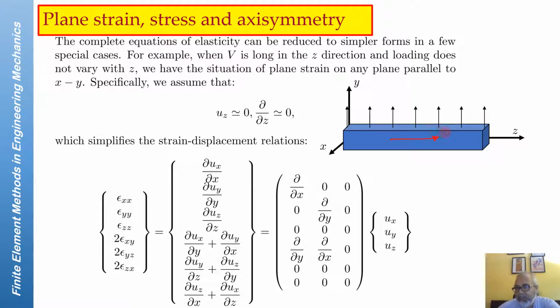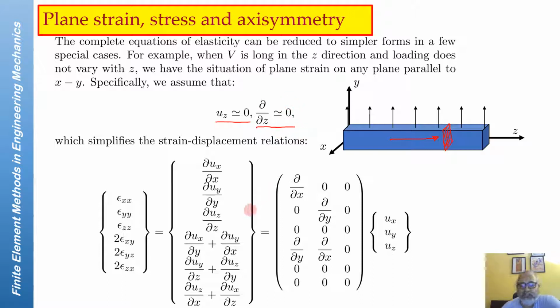Then on any xy plane, you can reduce this to a problem in plane strain, where you assume that plane cross sections remain plane, therefore uz displacements in the z direction are zero, and things don't vary in the z direction at all. No field stress, strain, or displacement varies in the z direction. Del z of everything is zero.